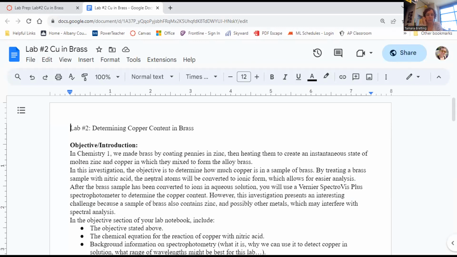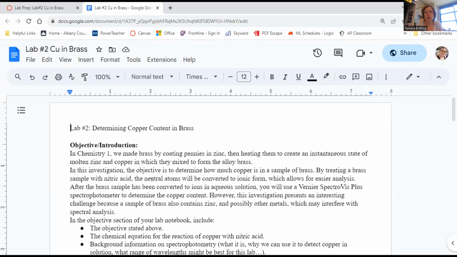In order to do that, you have to know how much your sample of brass weighs. You have to react the entire sample with nitric acid to turn all of those metal atoms into metal ions in solution. Then you're going to dilute your resulting solution to 100 milliliters and test its absorbance.